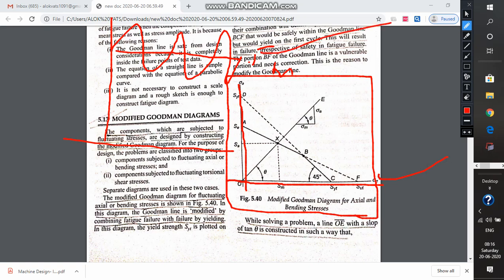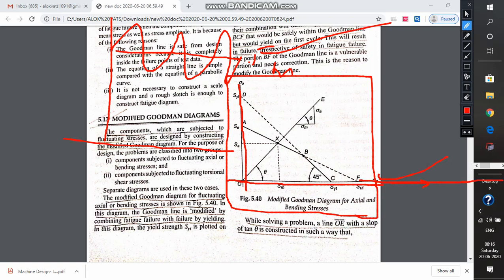When the mean stress becomes very large, what will happen? It will have some value very far away from the origin on the x-axis, because its magnitude is large.